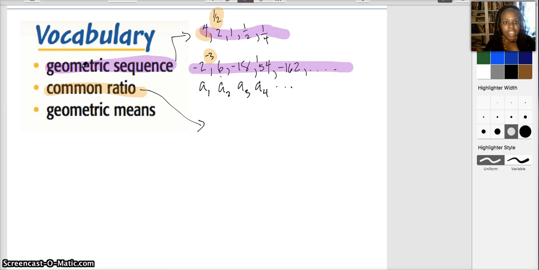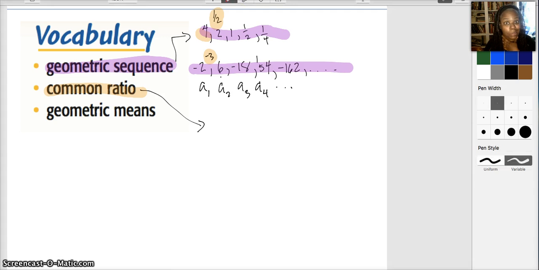Just to organize our notes a little bit, finally, this idea of geometric means. If I were to give you a geometric sequence, let's say 2, blank, I'm thinking 4, and then 4 times 2 is 8, and then 8 times 2 is 16.